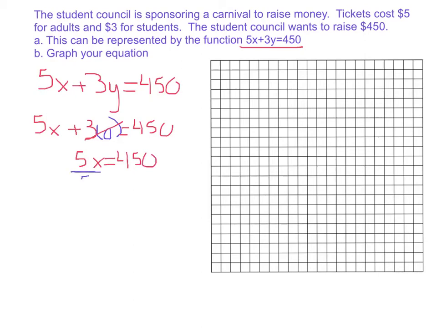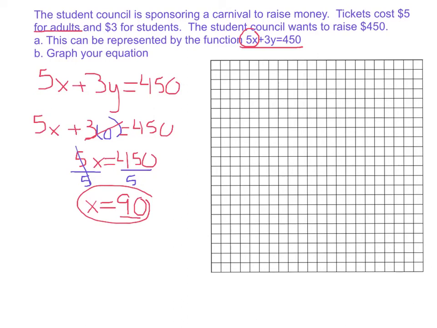And now divide both sides by 5. So x equals 90. And if you go back up to the situation, we have 5x, and we just solved x equals 90, and that corresponds to adults. So to raise $450, we would need 90 adults.